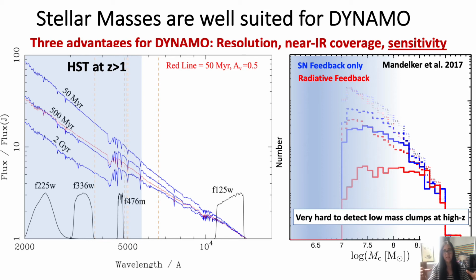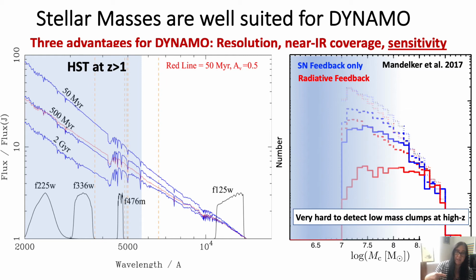Another thing is that the way resolution works is it clusters clumps together and artificially makes them look like a super large clump in high redshift galaxies. And what this does is it makes you lose access to the low mass clumps. And the simulations, that's the plot I'm showing you on the right-hand side. This is a result from the Mandelker simulations.